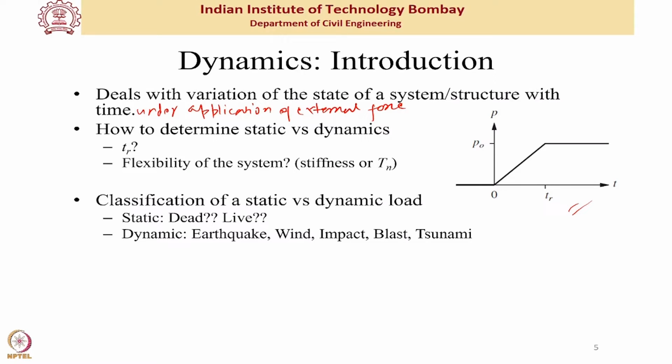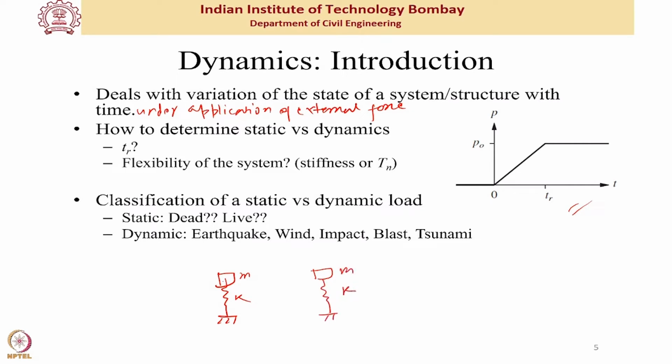Now we saw that a parameter to determine whether a system would behave as a static system or a dynamic system under the action of external load is TR, right? We saw in the last slide, depending upon how fast you apply or how slow you apply, it might behave like a static system or dynamic system. To demonstrate that, I'll give you a simple example. Let me show you a spring which has a mass m and stiffness k, and another spring, again with the same mass.